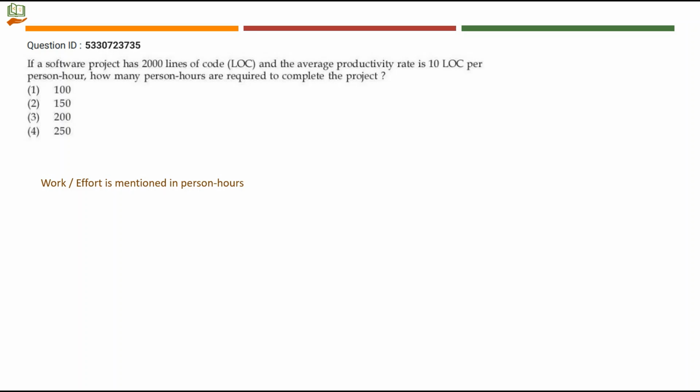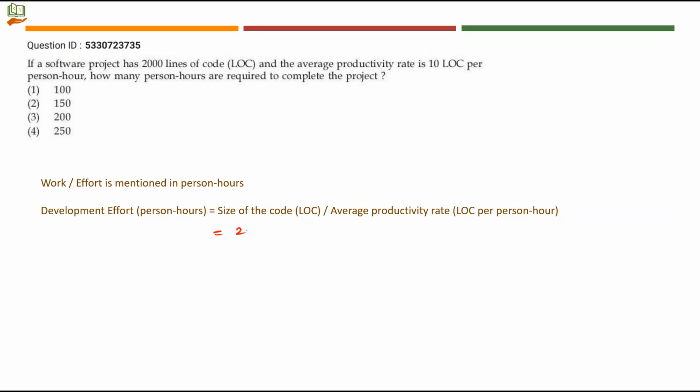These many persons are required to work for these many hours in order to complete this particular task. The development effort in terms of person hours will be equal to size of the code divided by average productivity rate. That is, the LOC part is given in the numerator and the LOC per person hour is given in the denominator. The LOC is given as 2000 lines of code.